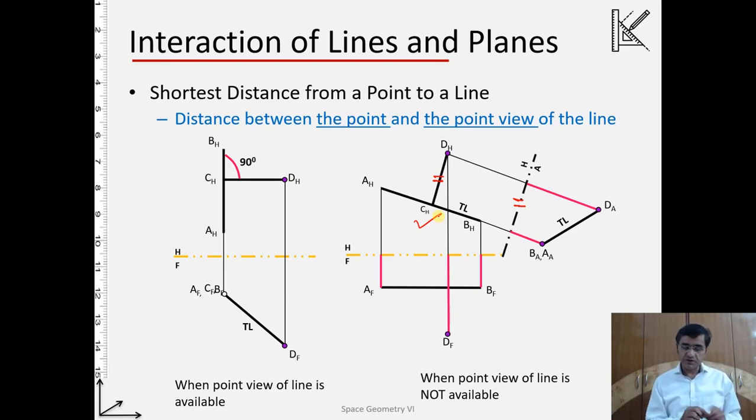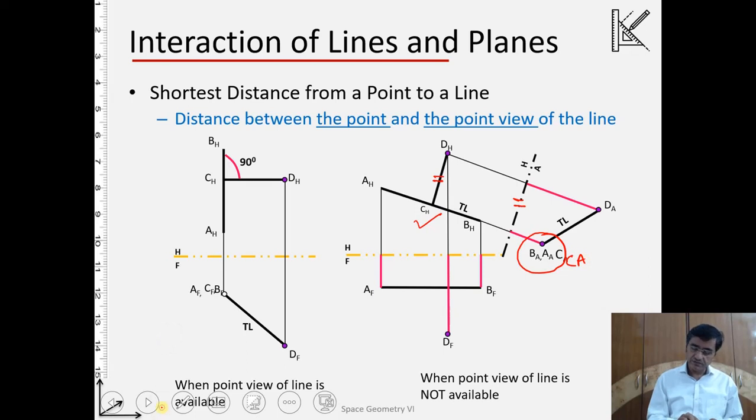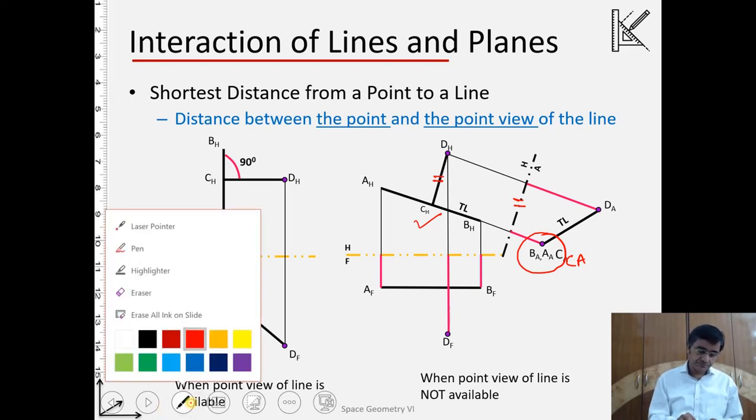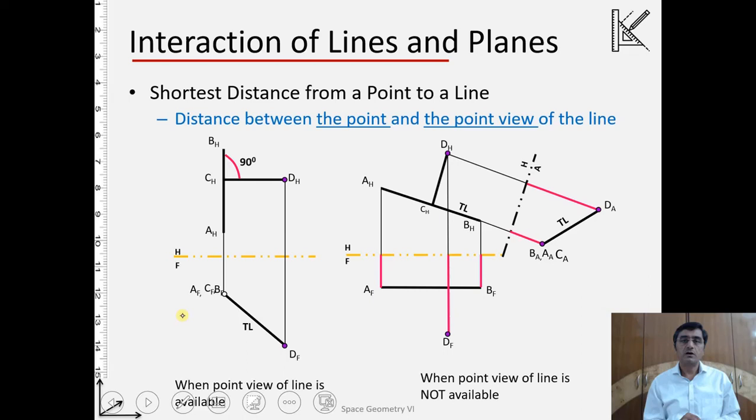Alright, if this point is C, you will understand there should be also a point CA at the same point. Alright, so let's give that name. So this is CA, because points A, B, C all are in one line, and on the auxiliary plane I am getting the point view of that line.